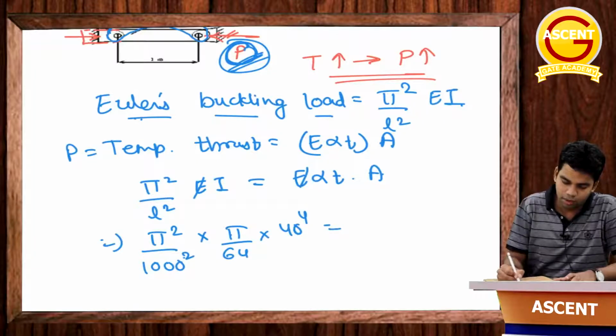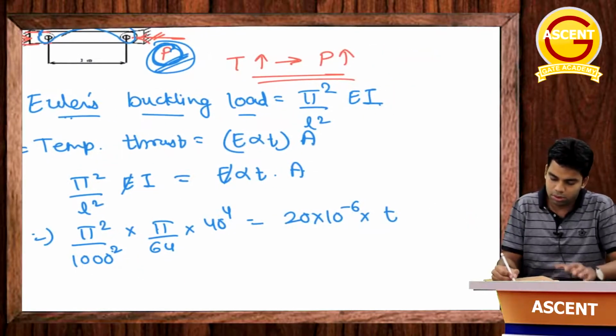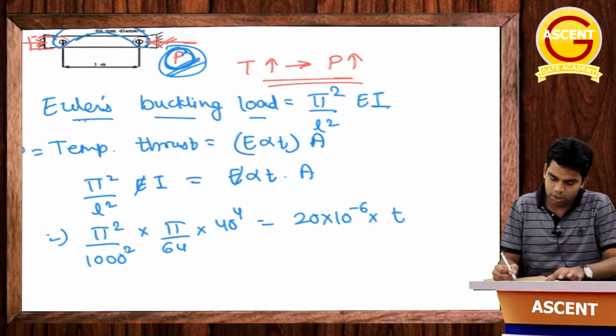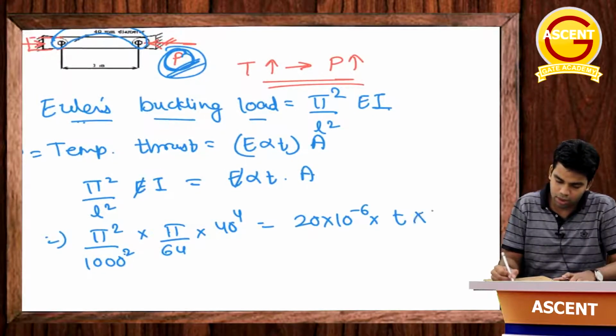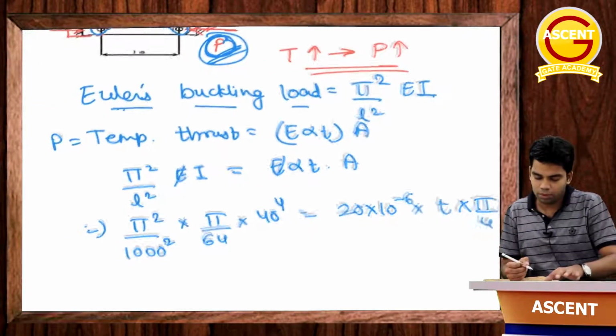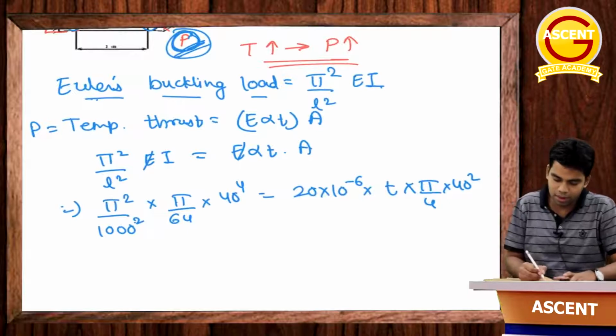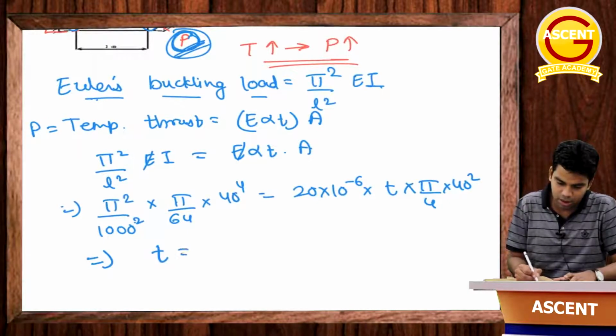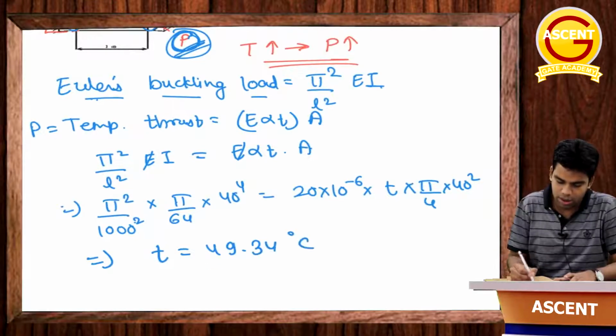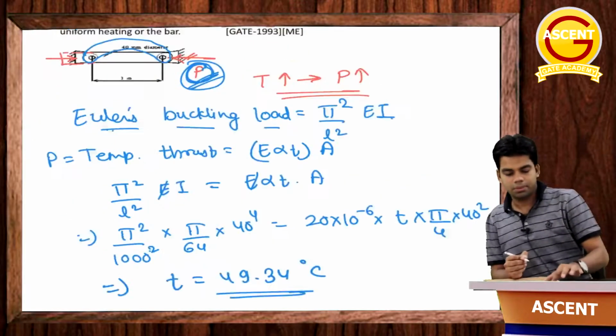This is equal to α, which is 20 into 10⁻⁶, into the temperature change which we have to determine, into area. Area is π/4 into d², 40². From here only one unknown is there, which is temperature. So we can determine the value of temperature T, which will be equal to 49.34 degrees centigrade. Answer.